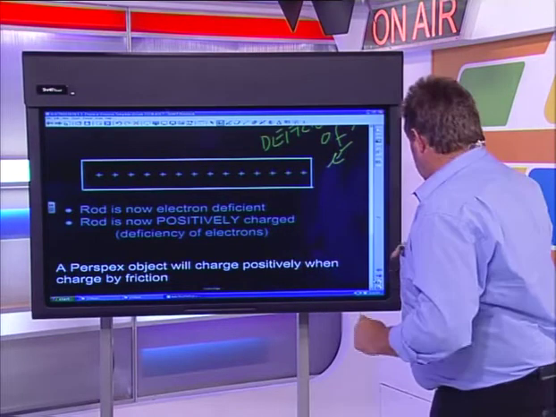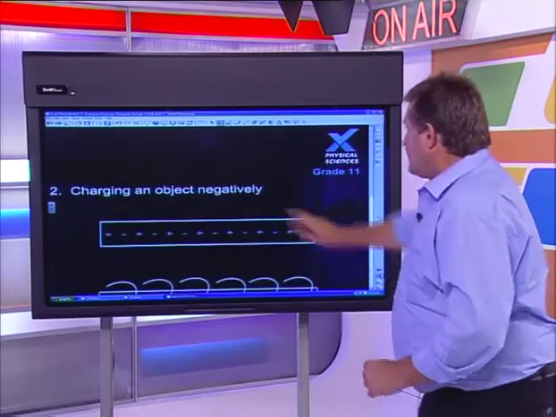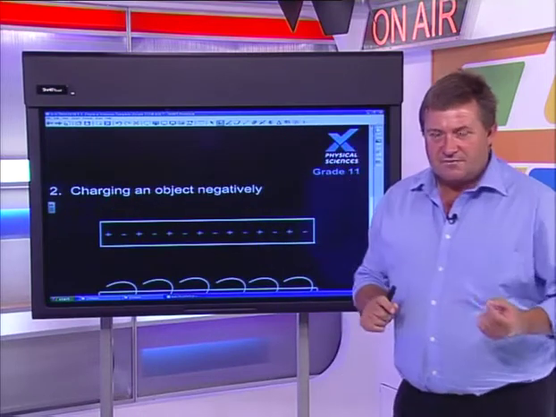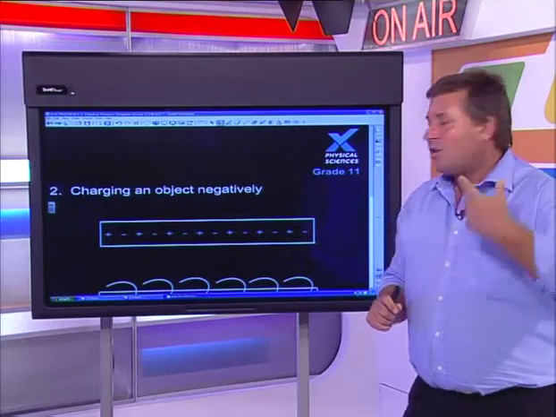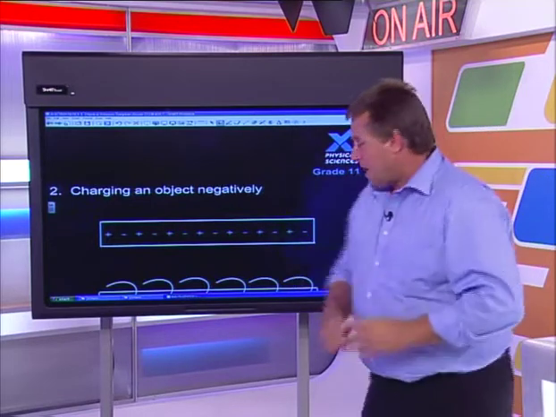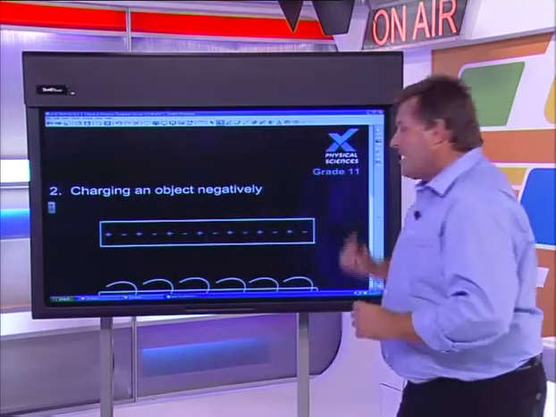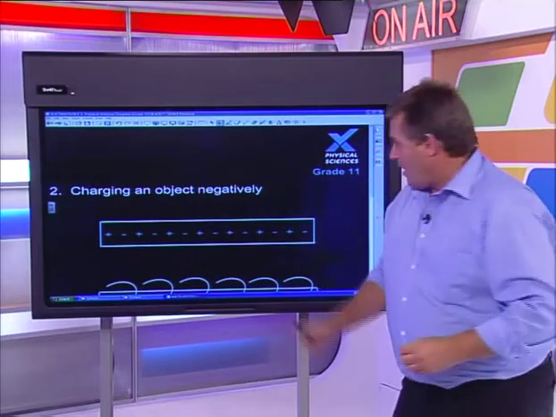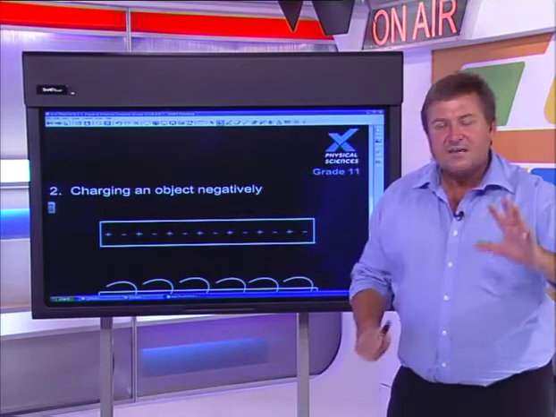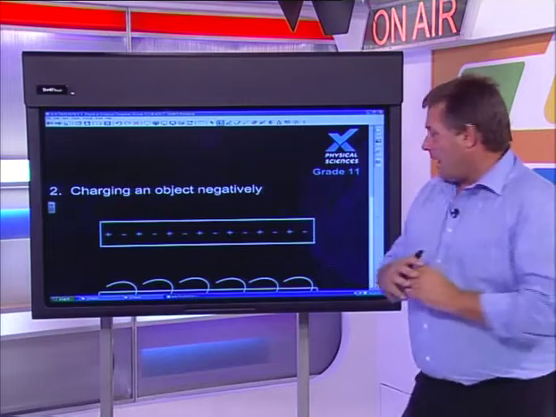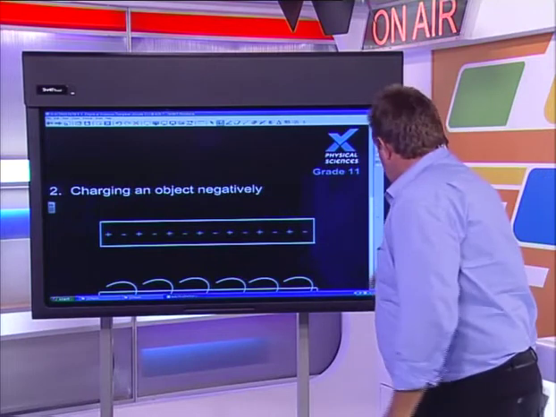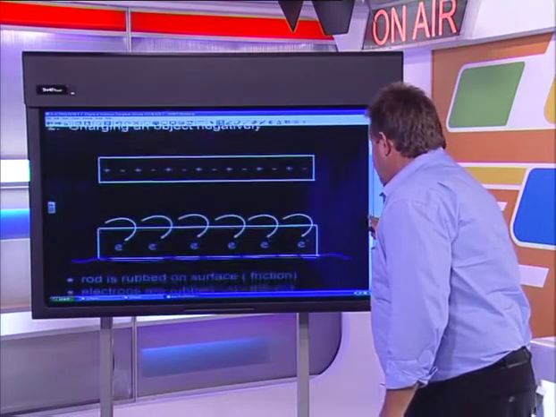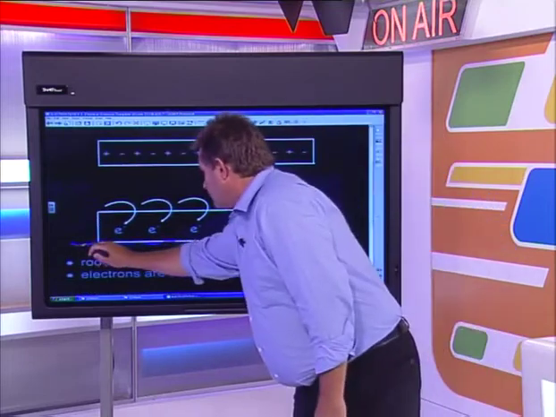Okay, but let's move on, and let's have a look now at our negatively charged rod. How do we charge this object up negatively? So once again, I start with my neutral rod, with positives and negatives balancing each other out, so that the whole rod is actually neutral. And what we now do is we also rub this rod.